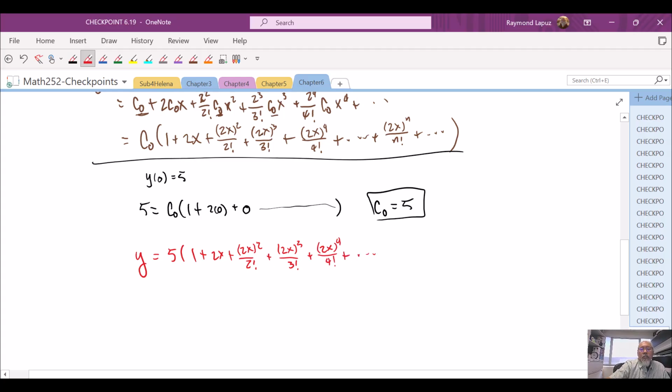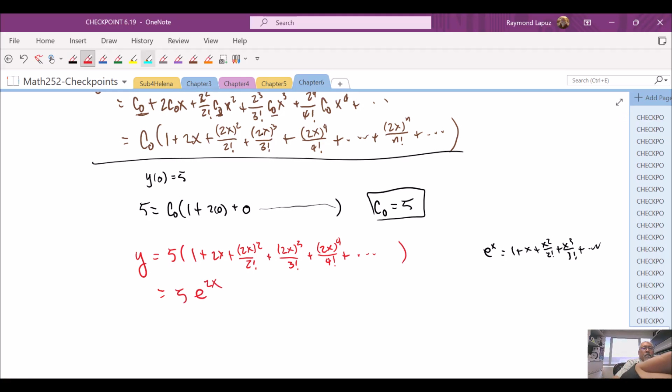And again, if this series looks familiar, it is exactly the exponential series. e to the x is equal to 1 plus x plus x squared over 2 factorial plus x to the 3rd over 3 factorial, etc. And instead of x, you just put in 2x. So in short, your answer is going to be 5e to the 2x.